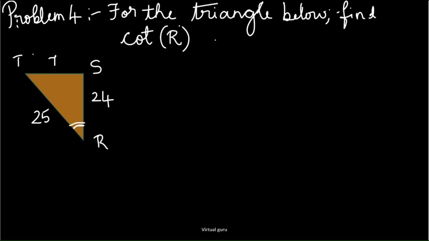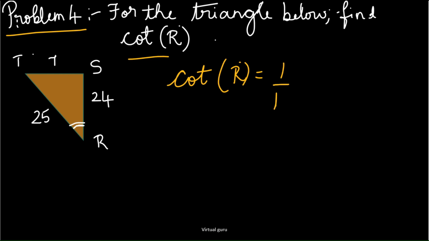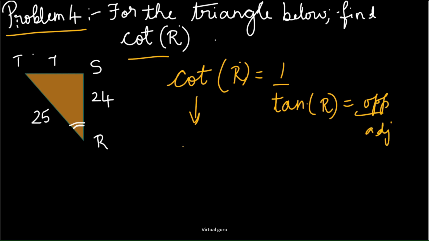Moving on to the next sum, problem number 4. For the triangle given below, find cot of R. So what is cot? Cot is nothing but the reciprocal of tangent. Tangent is nothing but opposite by adjacent side. Then cot is the reciprocal of tangent, meaning it will be adjacent by opposite.